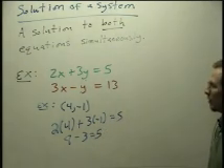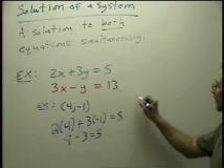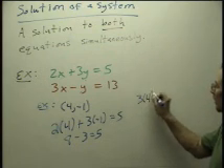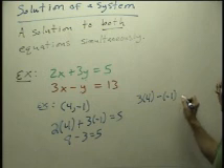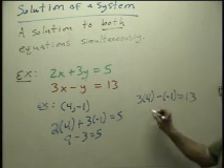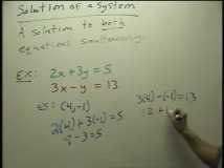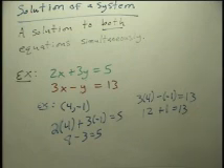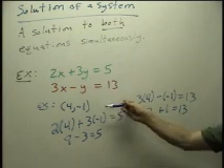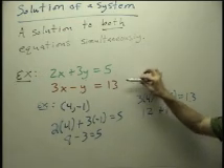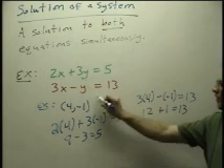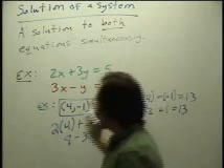That's a true statement. For the second equation, if we substitute in 4 and -1 for x and y, we get the statement 12 plus 1 equals 13. Also a true statement, which means (4, -1) is a solution to the first equation and a solution to the second equation. Therefore, it is a solution to the system.